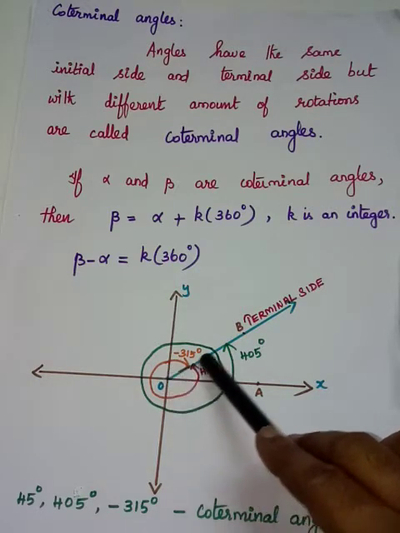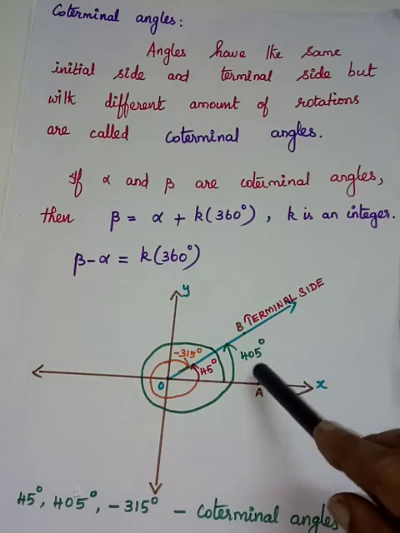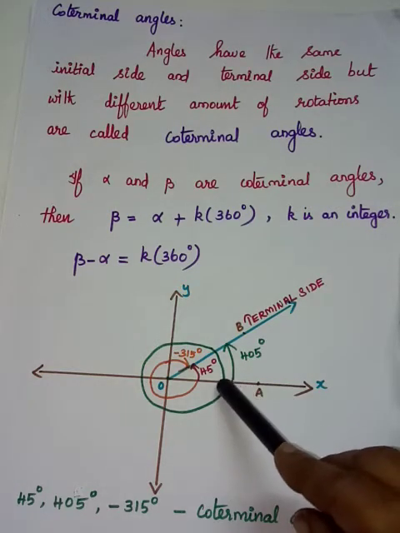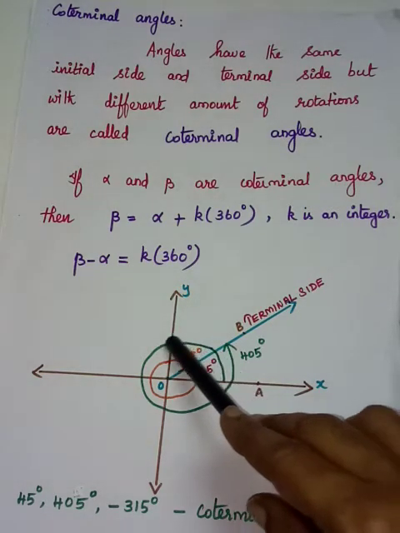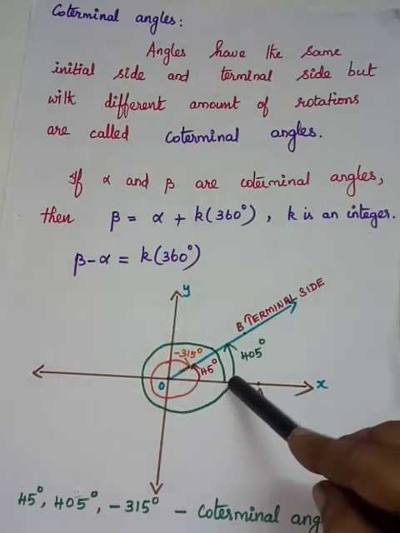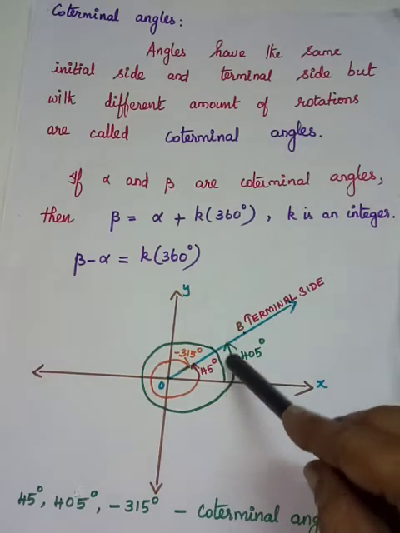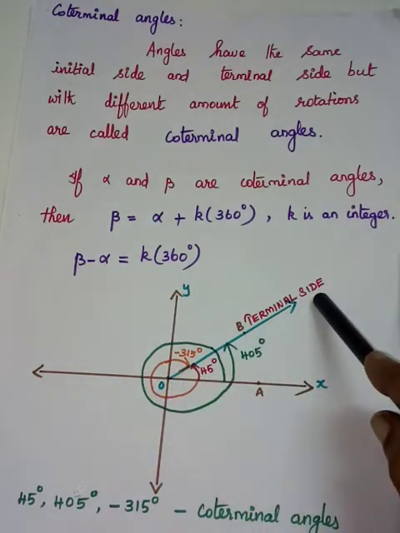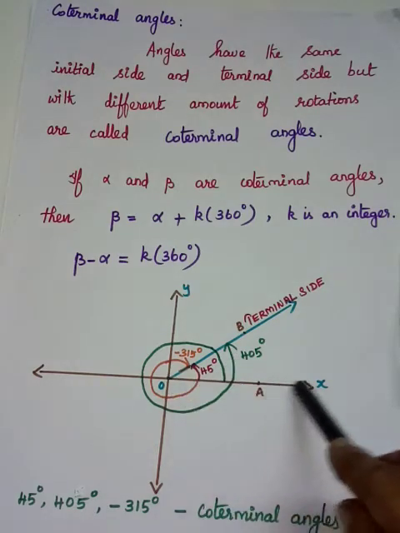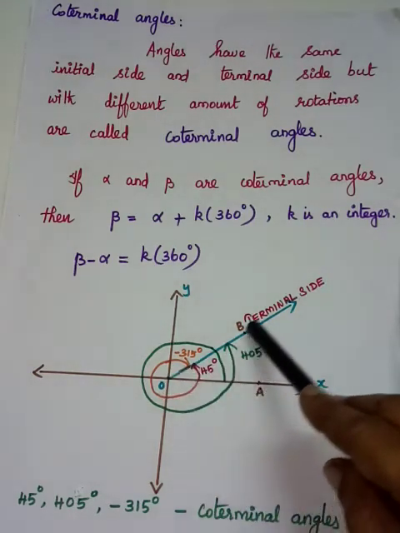So the terminal side is OB. 405 degrees is greater than 360 degrees. So in the anti-clockwise direction, it makes one complete rotation plus 45 degrees, so it will come to the same terminal side. So 45 degrees and 405 degrees have the same initial side and the same terminal side.